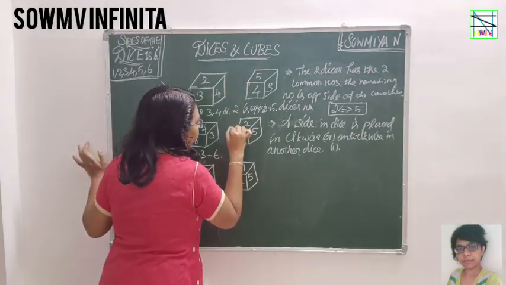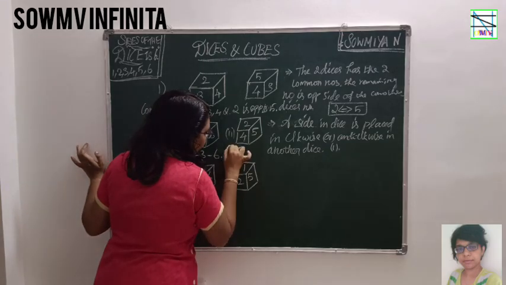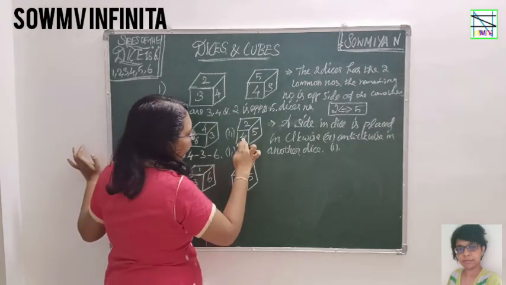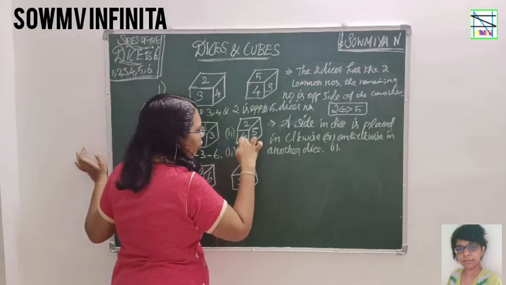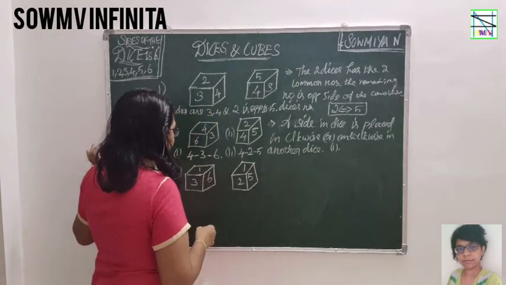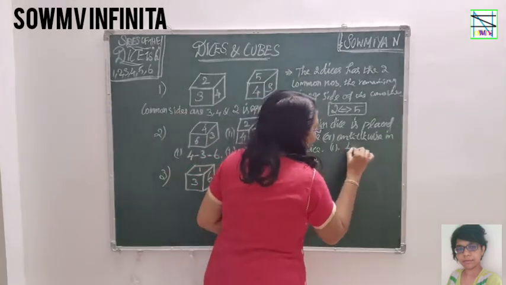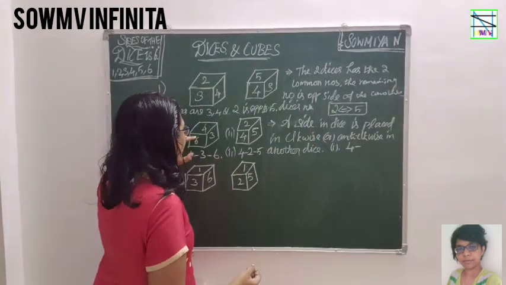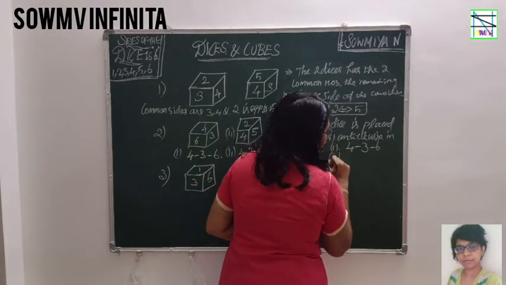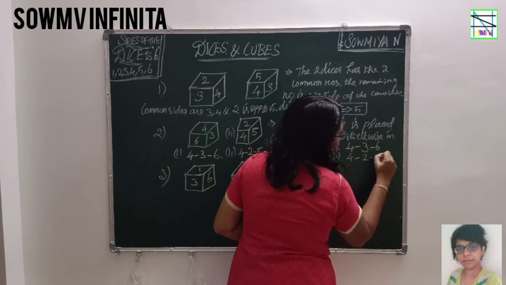In the second dice, we can start from 4 to 2 to 5.